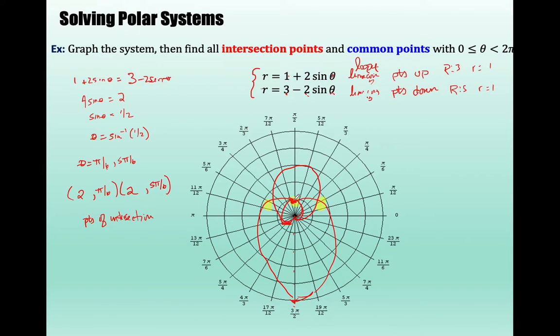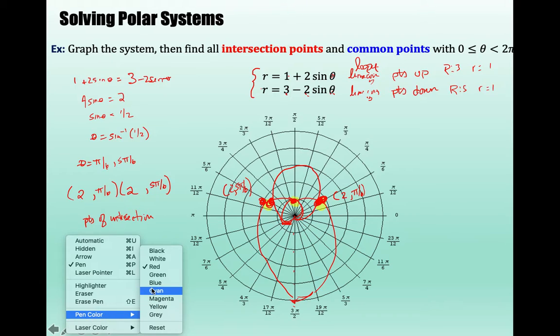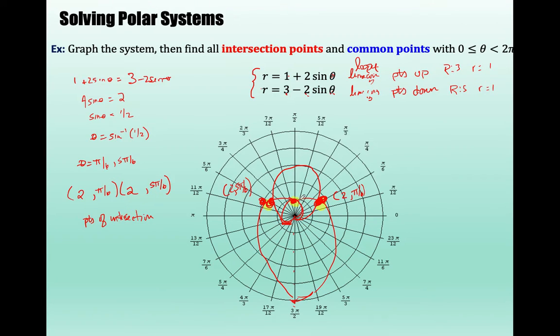So 2 points of intersection, pi over 6, and 5 pi over 6. And then a common point here of 1, pi over 2, that I just found by graphing. And again, I could kind of tell from there.